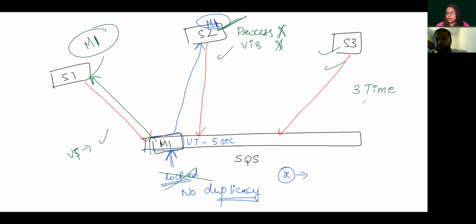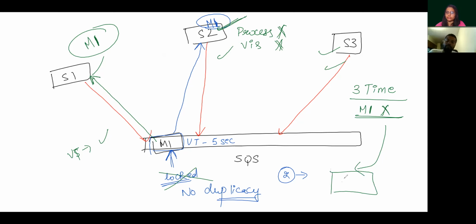If a message was not able to get processed by any of the servers 3 times, then it will go into a dead box, where they will check why this message is failing again and again.